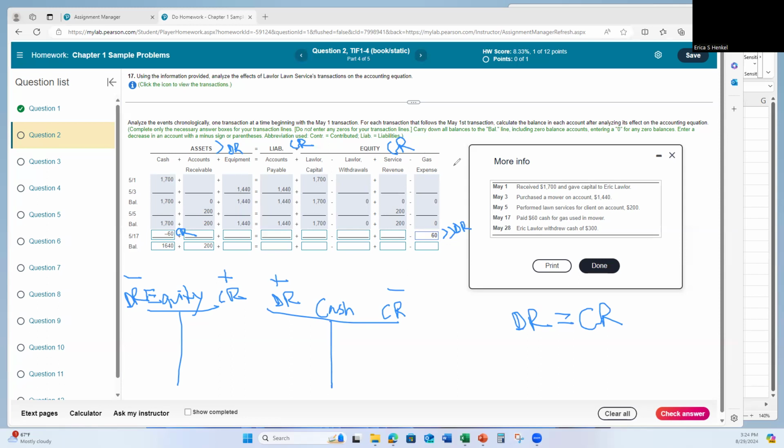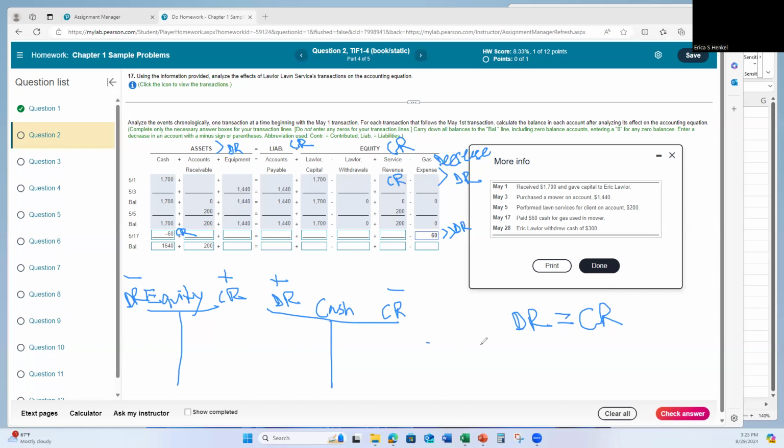But because these typically decrease our equity by default, expenses typically have a debit balance. Expense accounts have a debit balance. And because revenue accounts increase our equity, they typically have a credit balance.